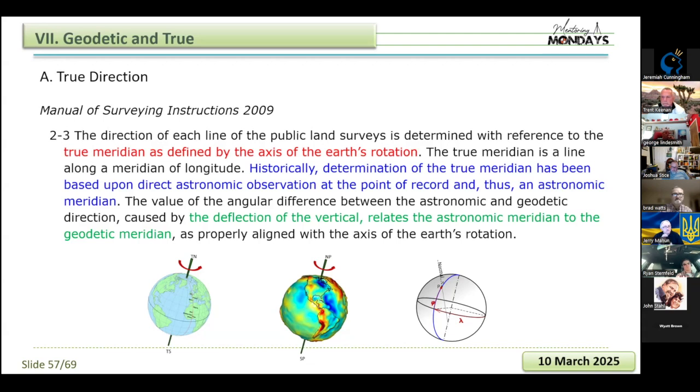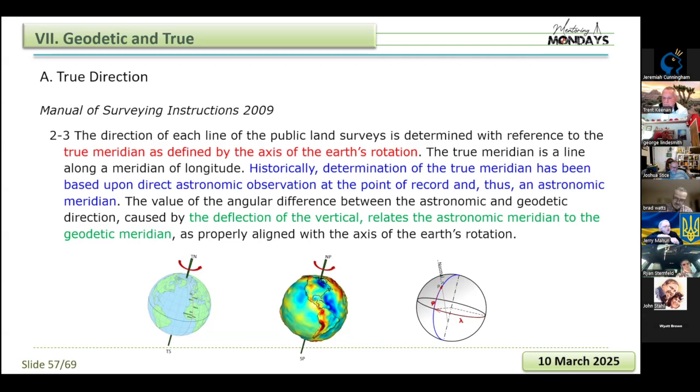So basically, you're doing an astronomical observation to determine true meridian. What they're saying here is that the true meridian is equated to the astronomical meridian. It says the value of the angular difference between astronomical and geodetic meridian, caused by the deflection of the vertical, relates astronomical meridian to the geodetic meridian. Remember the deflection of the vertical? That's the skewness of the ellipsoid and the geoid.